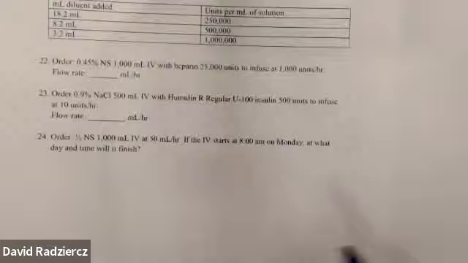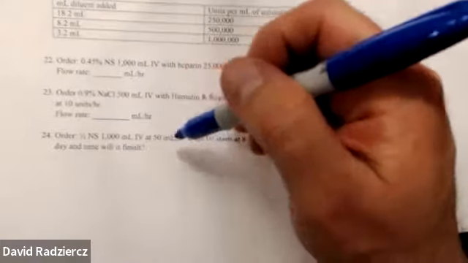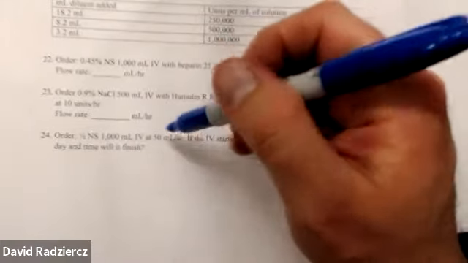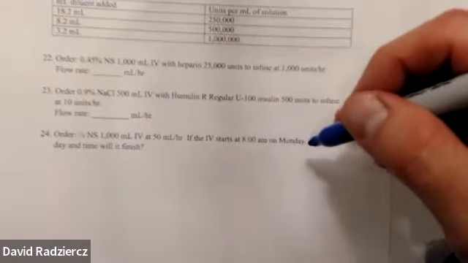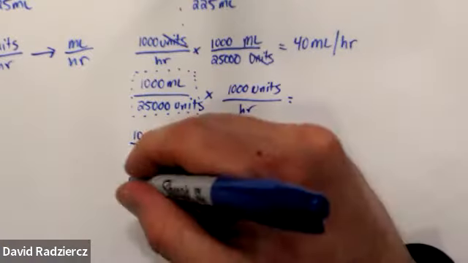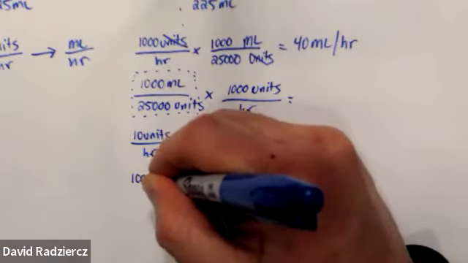The last one here, 24, I think is pretty straightforward. You've done this before where you calculate how much time this will infuse for. And then they add in that it started at 8 a.m. on Monday. When would it end? So the first thing we have to do is find out how long it's going to run for.